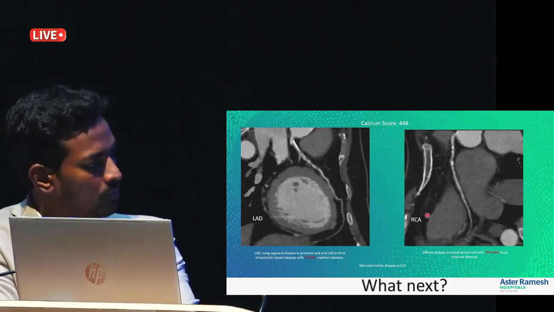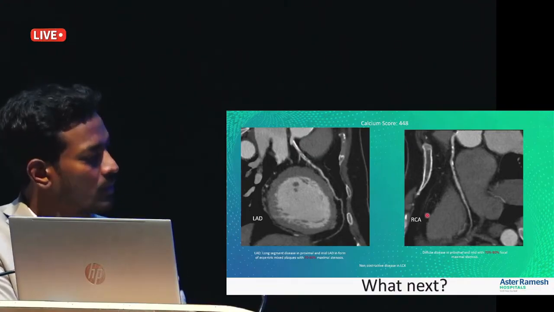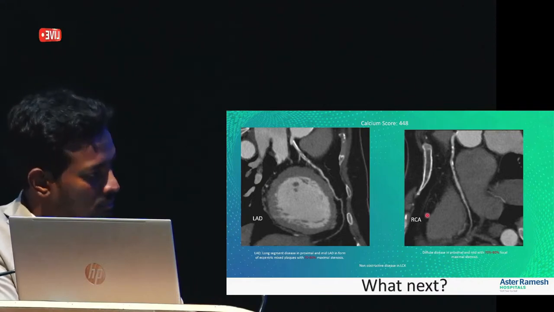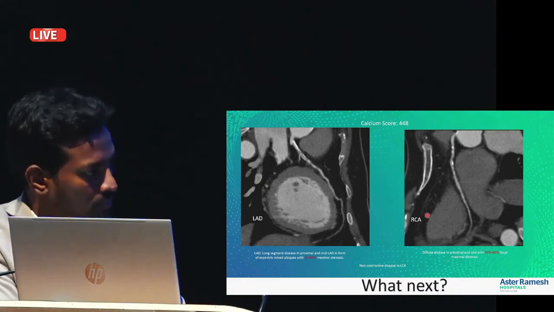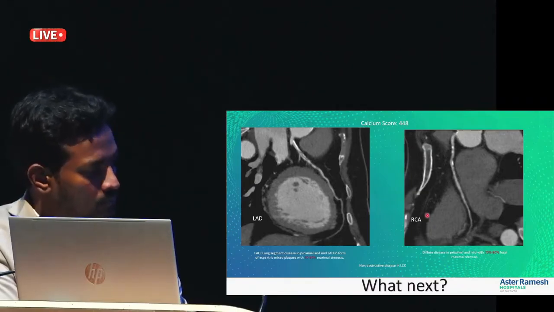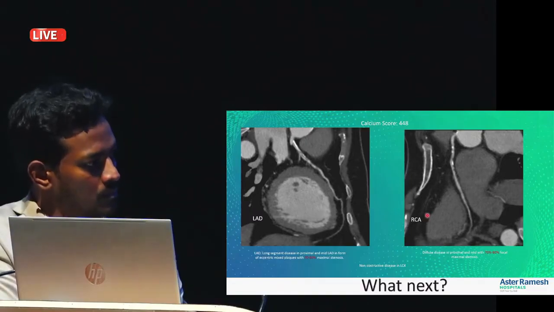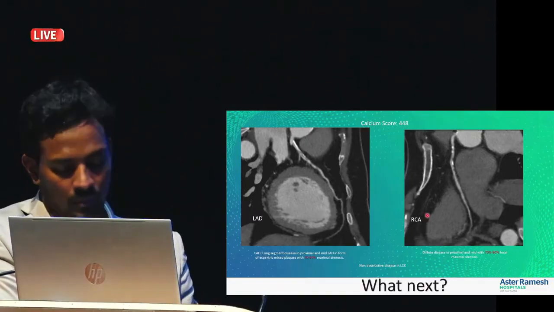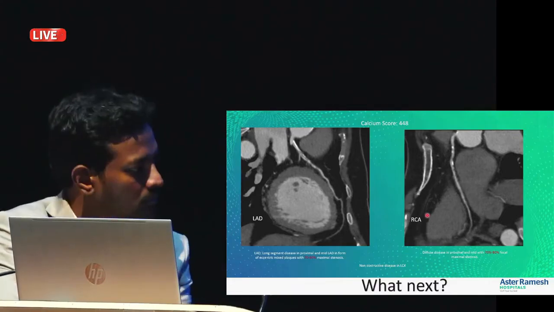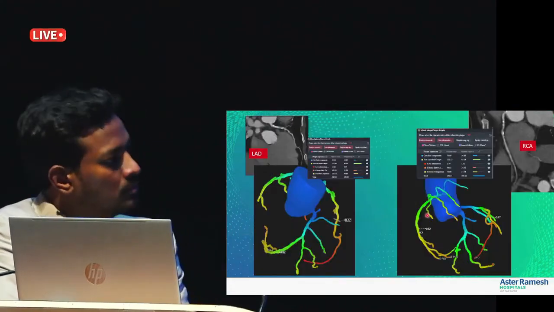The management mainly depends on where the lesion is, whether it is proximal LAD or mid LAD, because if it is in the mid to distal LAD, probably you can consider even managing it medically, as the patient is not symptomatic. If it is proximal LAD or ostial LAD, you have to be more careful and critical in taking the management decision. And here CT-FFR is there and in the LAD it is significant.